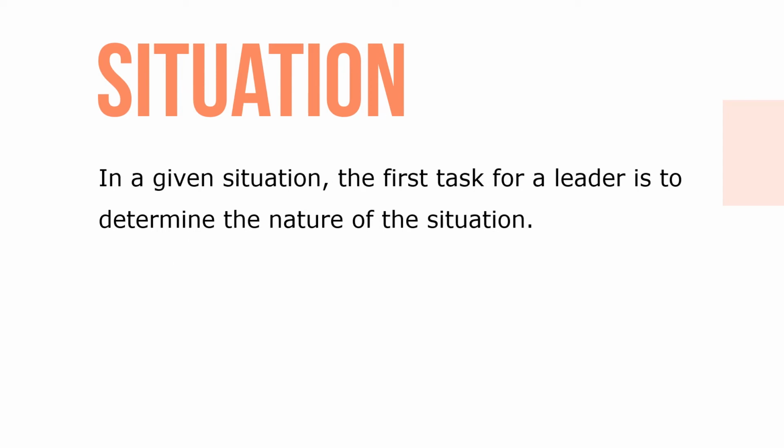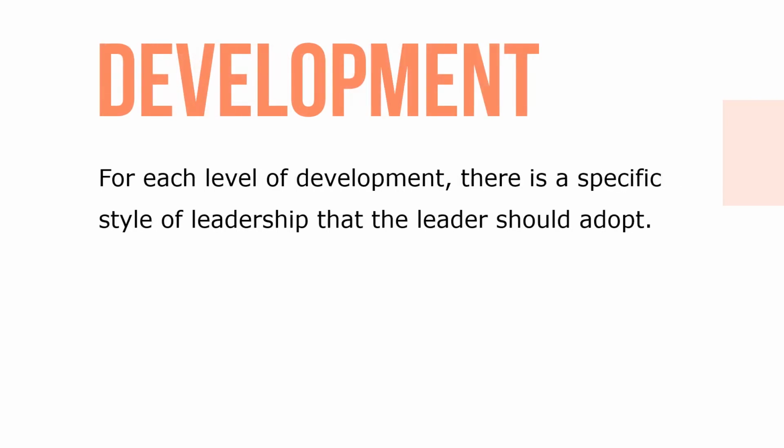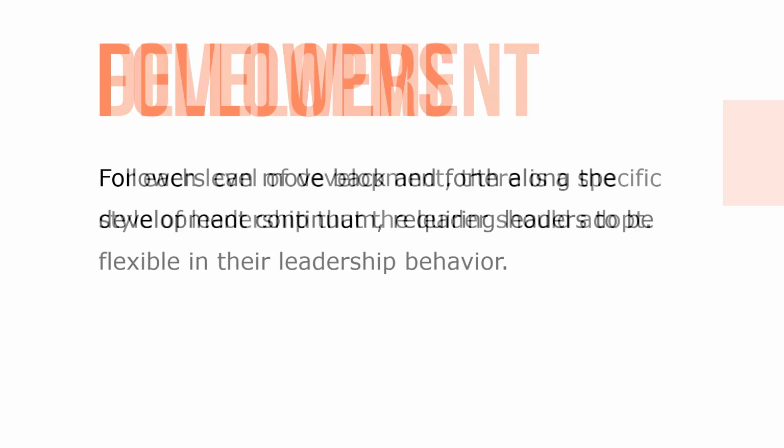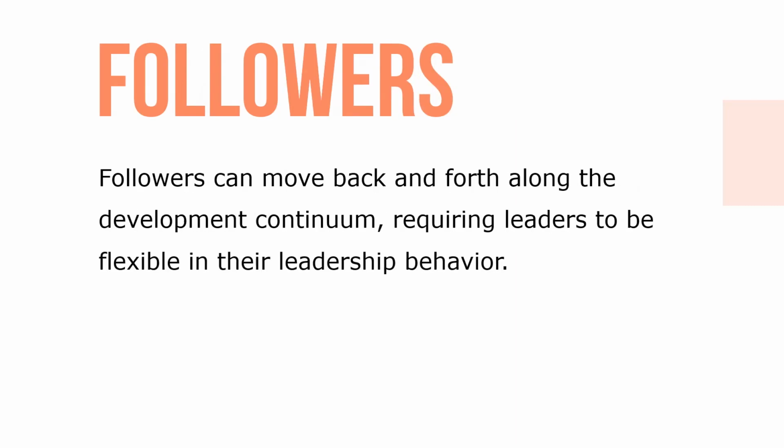In a given situation, the first task for a leader is to determine the nature of the situation. For each level of development, there's a specific style of leadership that the leader should adopt. Followers can move back and forth along the developmental continuum, requiring leaders to be flexible in their leadership behavior.